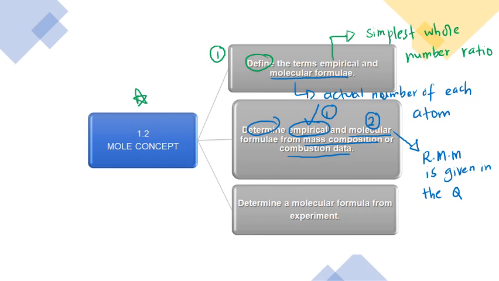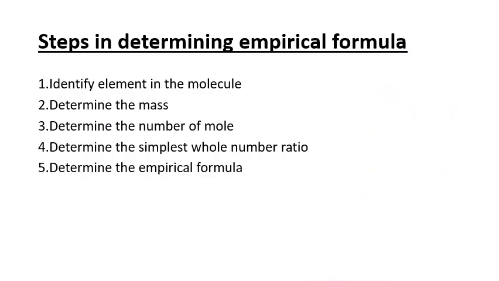The third learning objective is to determine a molecular formula from an experiment, which refers to experiment 1. I would like to highlight again that in this video we only focus on the second objective. Let's recall the steps in determining the empirical formula, which you already learned in SPM.